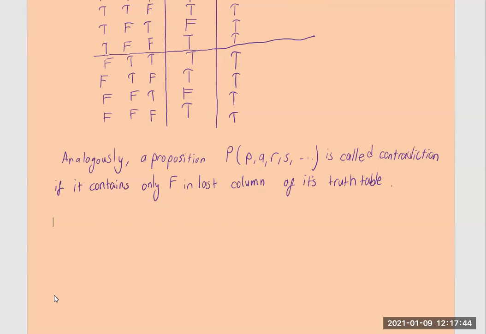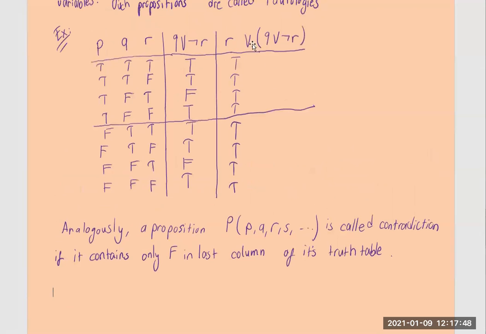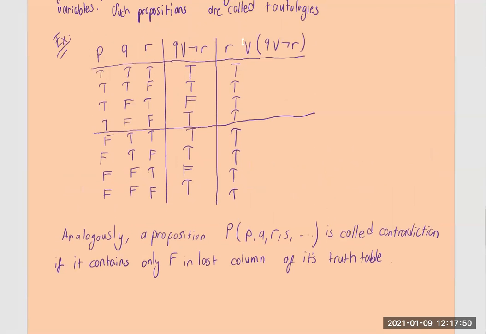So this is going to be a contradiction if we have false as the last column result.